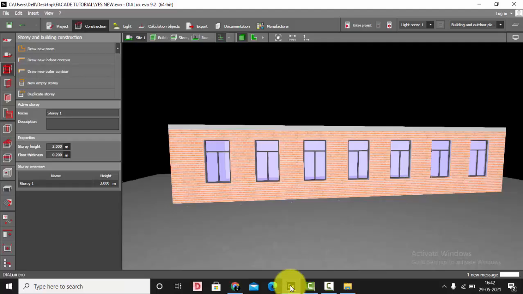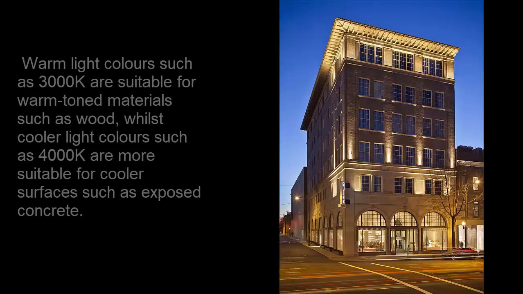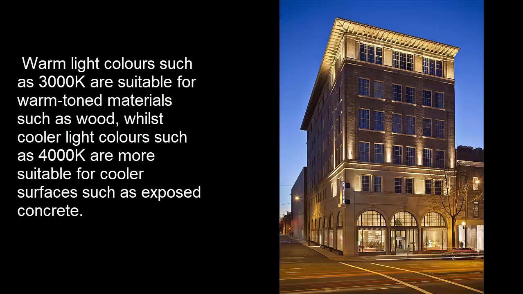Then coming to the selection of the CCT for the facade, it is very important to understand the texture of the facade. Suppose your facade has warm tones, like brick, as I have considered in this project, then you can go with warm CCTs.